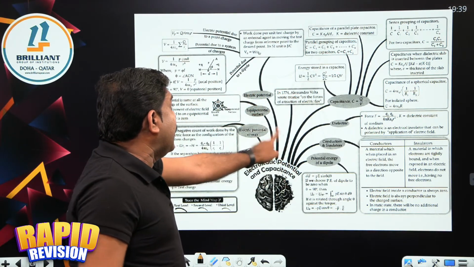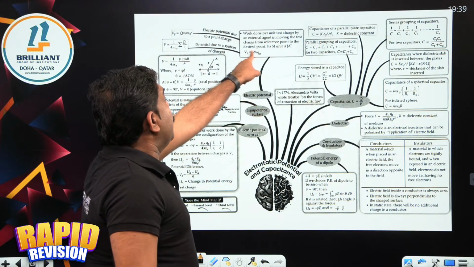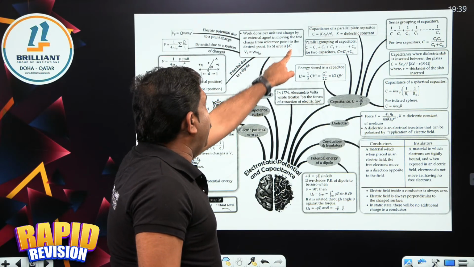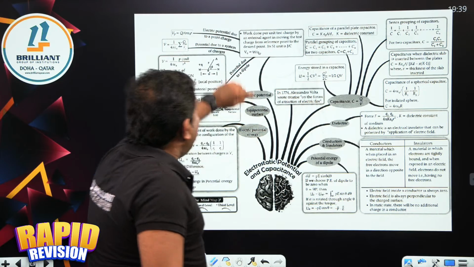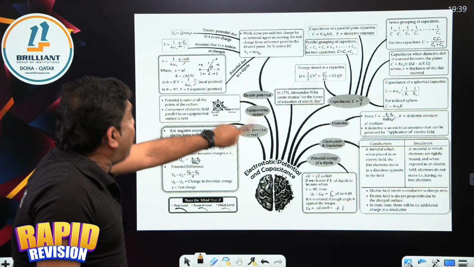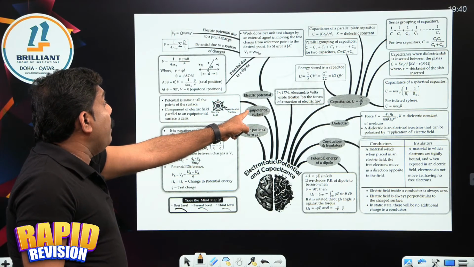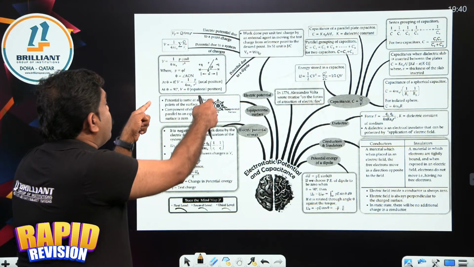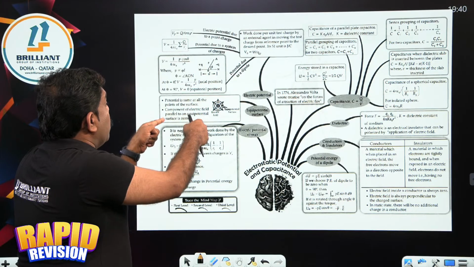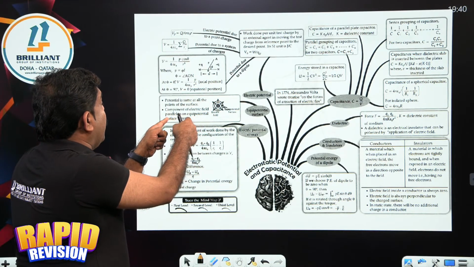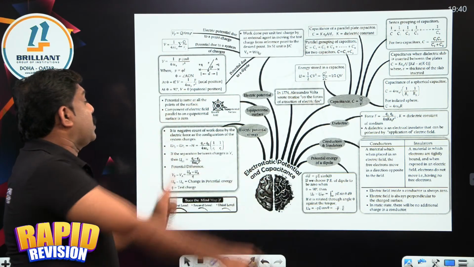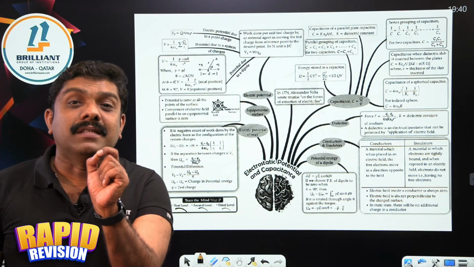We have the definition and SI unit of electric potential, and then equipotential surfaces. The properties of equipotential surfaces: the component of electric field parallel to an equipotential surface is always 0.